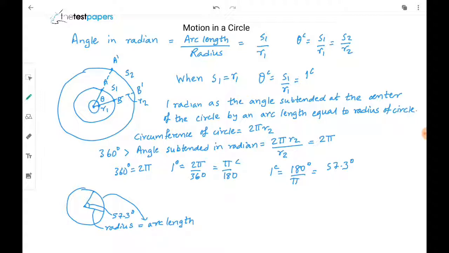So students, I hope the concept of radian is clear, and in the subsequent chapter we will discuss more about angular displacement, angular velocity, and how it relates to the topic motion in a circle.